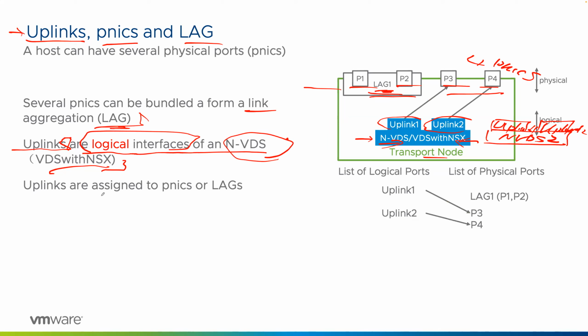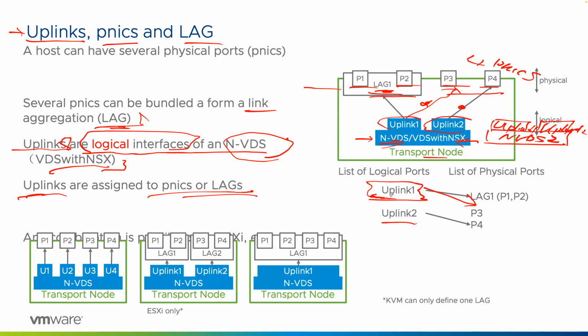So here's also an example: uplink and PNIC and LAG. We have to connect uplink to the PNIC or LAG, right? There's a connection we have to deal with. So here's an example. We can assign uplink 1 to P3, and we can assign uplink 2 to P4.